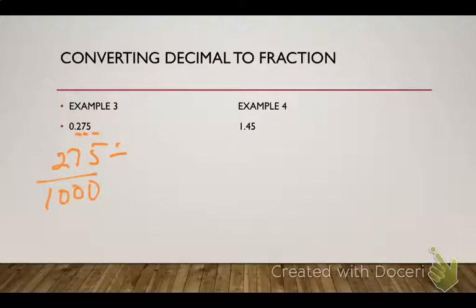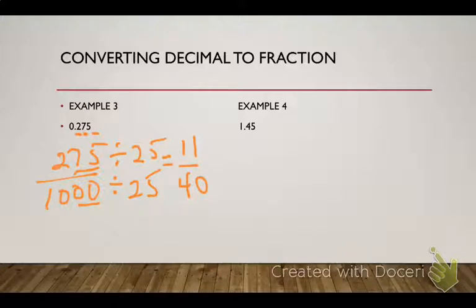I remember writing and reading to you that if you end in a 75 and a 00, you can divide them by 25. And 25 can go into 275. Let's see. I believe it would be 11 times. And 1,000 divided by 25? 40.